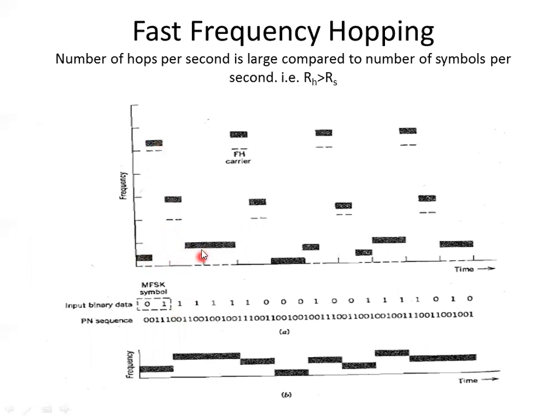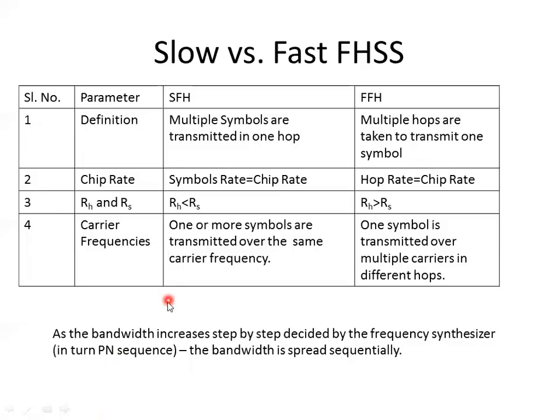In the next time interval, it has occupied some other frequency band. So this is basically the spreading along the y-axis. So in frequency hopped spectrum, as the bandwidth increases step by step, which is decided by the frequency synthesizer, that is in turn the PN sequence generator, we say that the bandwidth is spread sequentially.